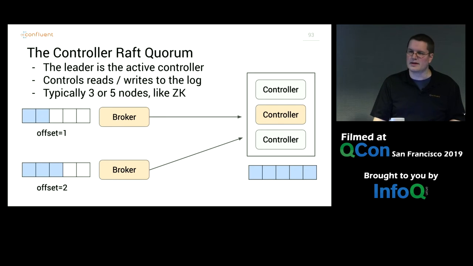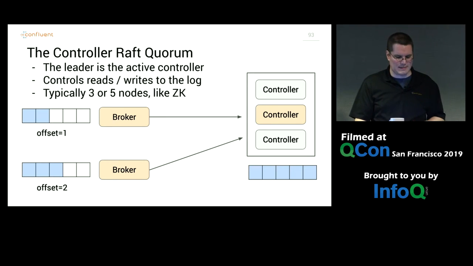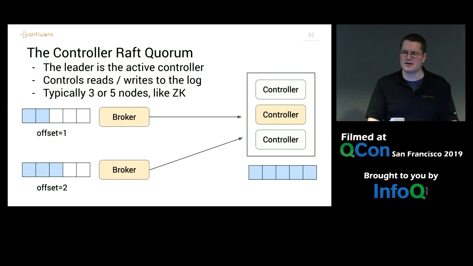But secondly, by having a quorum, we can take advantage of some of the properties of Raft. We can just say that the active controller is the leader of the Raft quorum. And the active controller is the only one that can write to the log.